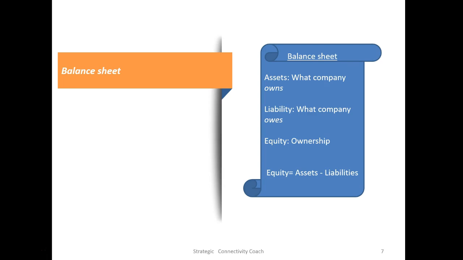So those are the three pieces. Typically you'll hear that assets equal liabilities plus equity, which obviously makes sense. Or the other way to think about it is, whatever is the equity in the company is your total assets that you own, minus what you owe to the bank or the bondholders, and what is left over is the equity.